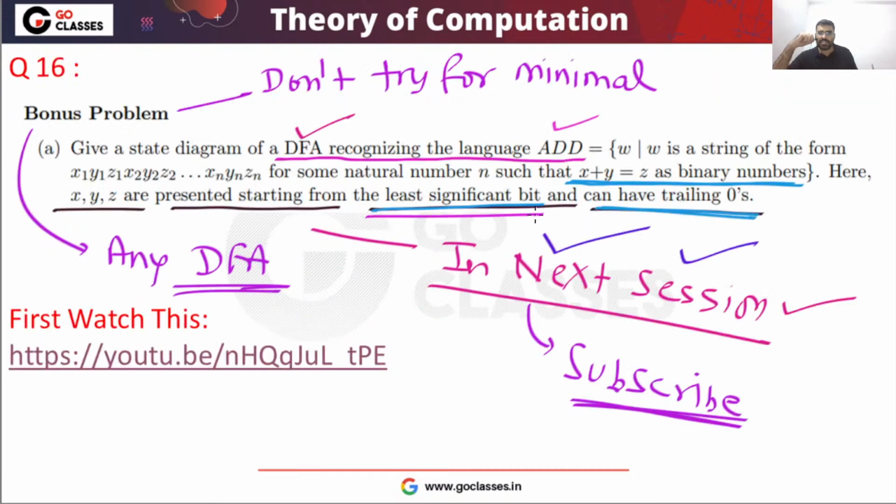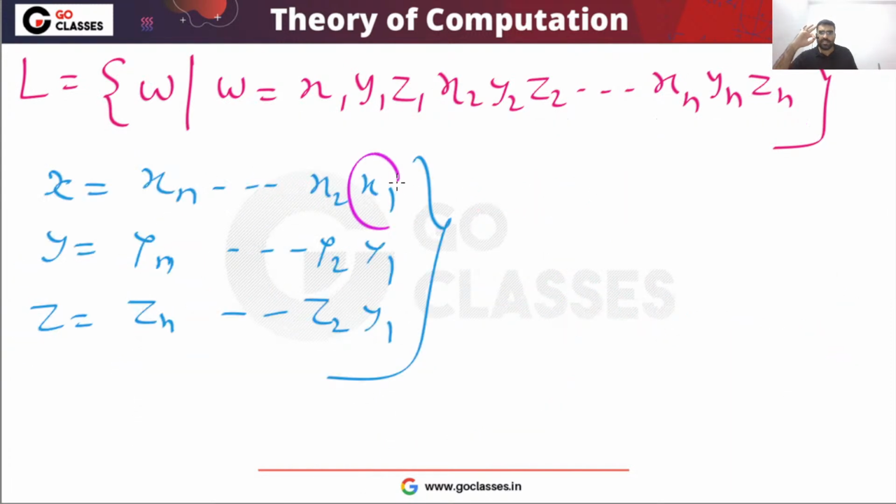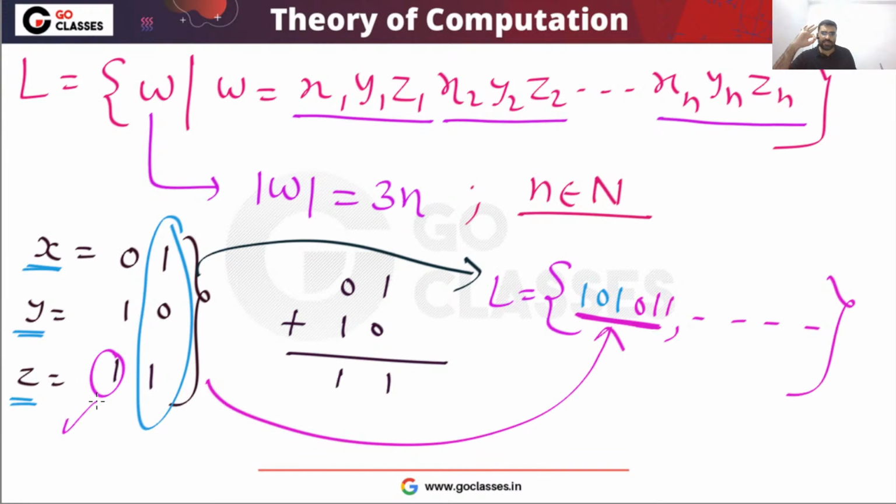Please read this: x, y, z are presented starting from the least significant bit. This is called the least significant bit, and this is called the most significant bit.